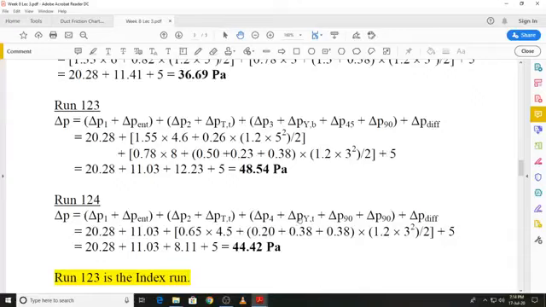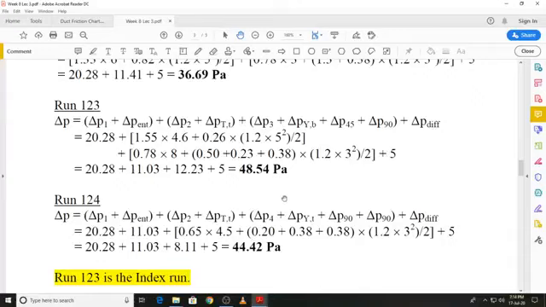The minor losses: Y through, then you have one 90-degree elbow and then another 90-degree elbow. So we have got two 90-degree elbows, and the velocity again in segment 4 is 3 meters per second, and then finally the pressure drop across the diffuser. That gives us a total pressure drop of 44.42 pascals.